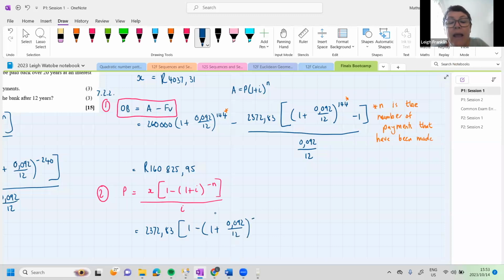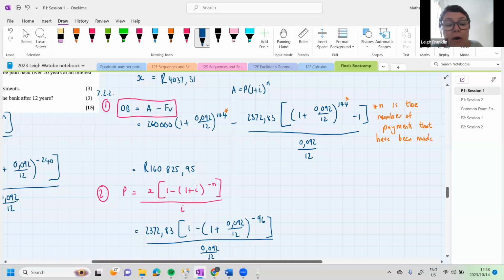And now our N value is the number of payments that are still required. So if you've paid off 12 years of a 20-year loan, you've still got 8 years to go, don't you? So it's 8 times 12. Okay, so there are 96 payments that would still be outstanding at this stage. So over i, so 0.092 over 12.